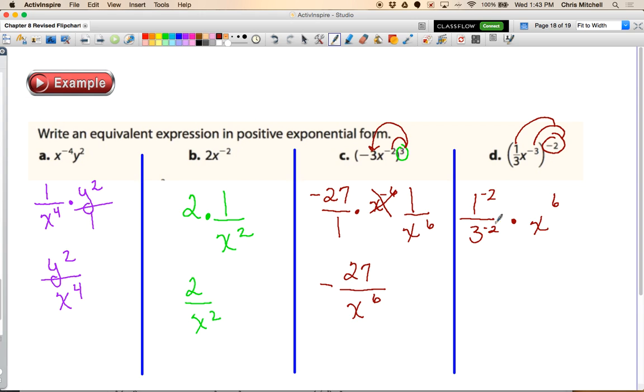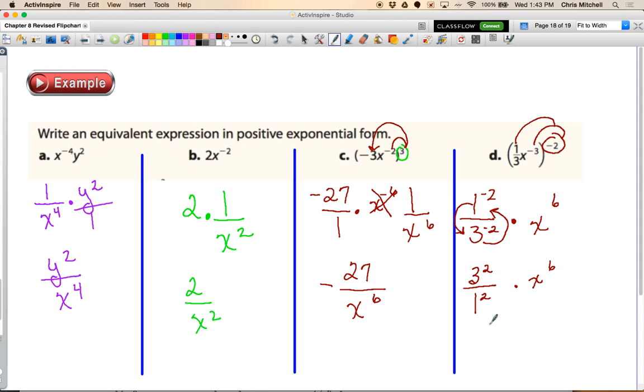So now, since both my numerator and denominator contain negative exponents, they're going to transfer positions, which will signify positive exponents. So I'm going to put 3 to the positive 2 exponent with a 1 to the positive exponent of 2, times x to the 6.